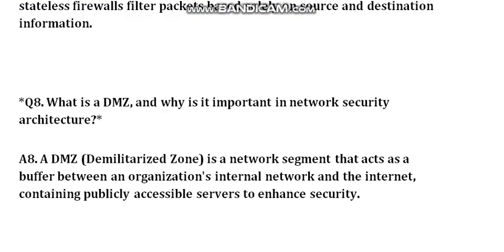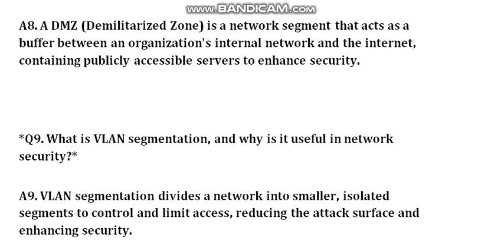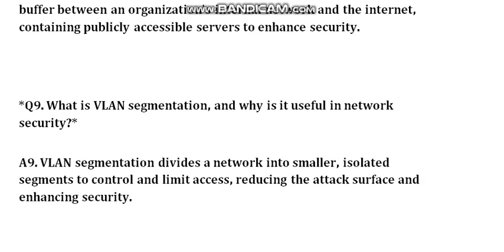What is a DMZ and why is it important in network security architecture? A DMZ, demilitarized zone, is a network segment that acts as a buffer between an organization's internal network and the internet, containing publicly accessible servers to enhance security. What is VLAN segmentation and why is it useful in network security?